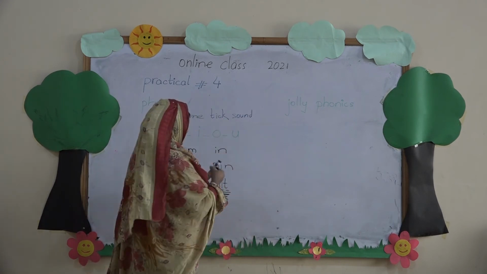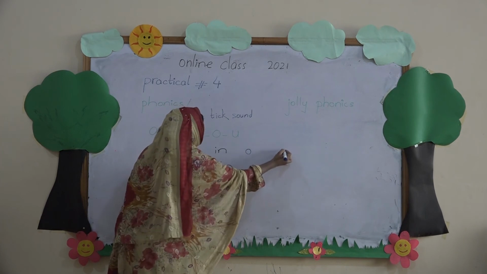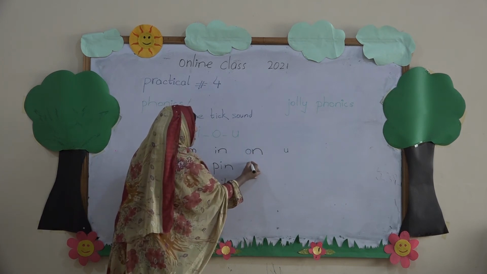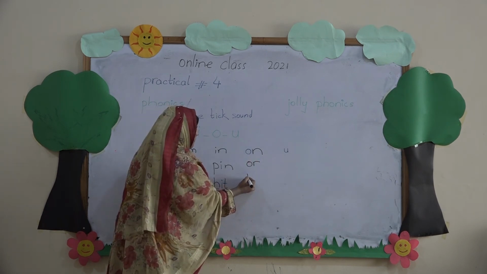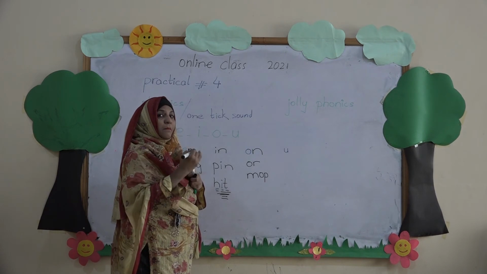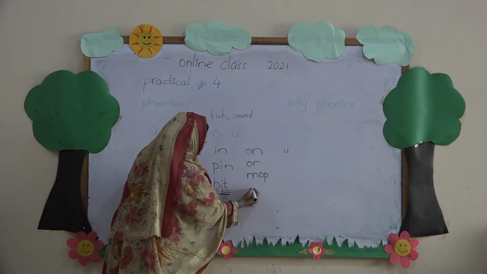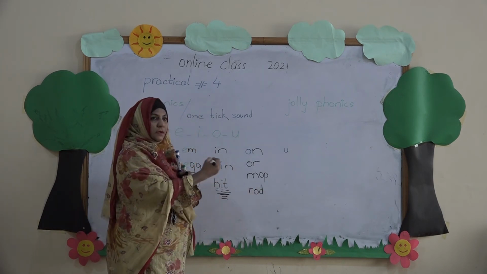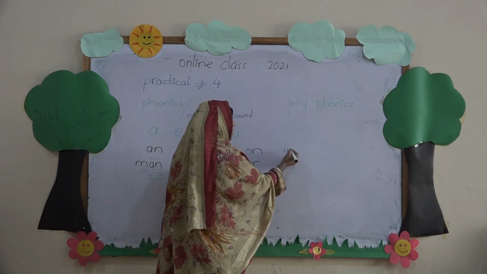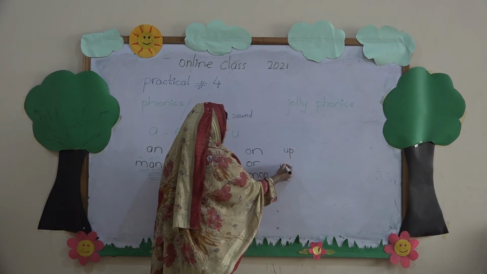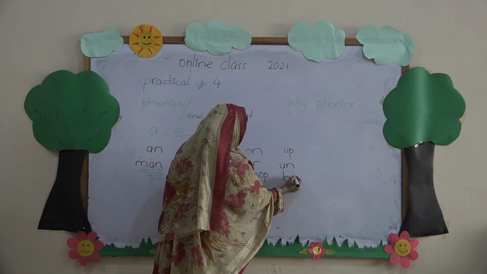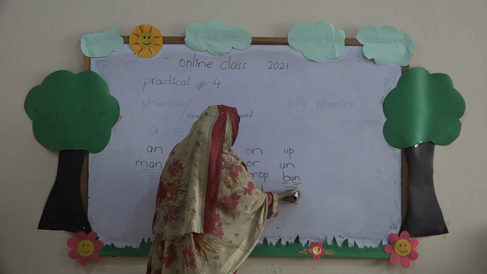And O, the sound again here, and sound initial. R, mop. Rod. The blending. P, up. Bun.